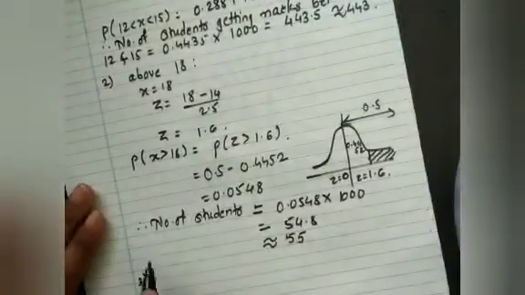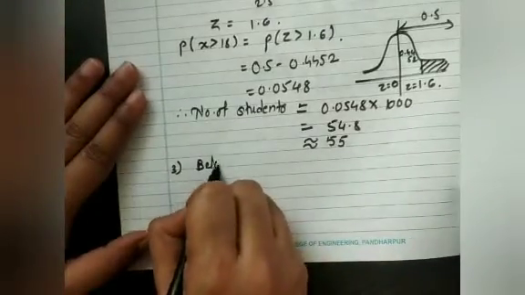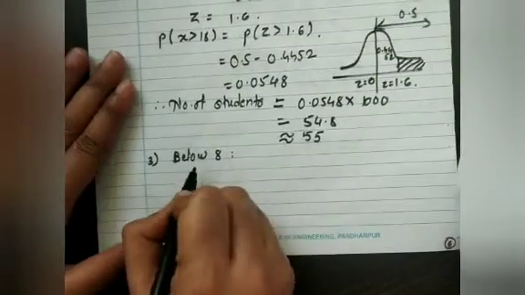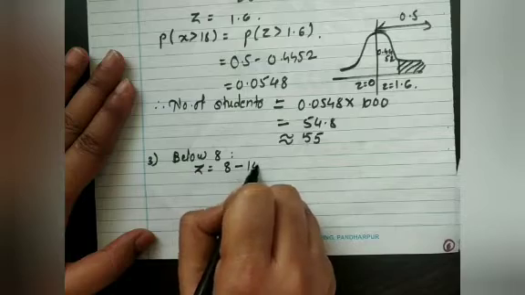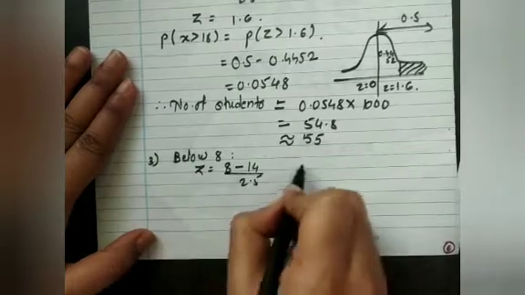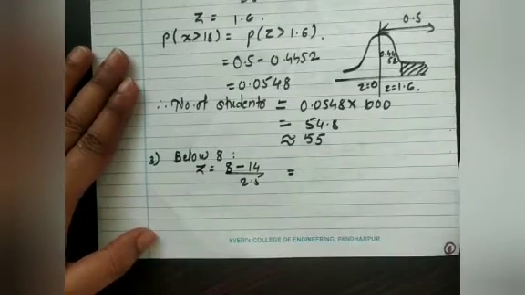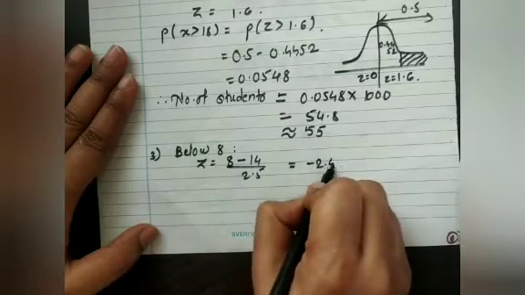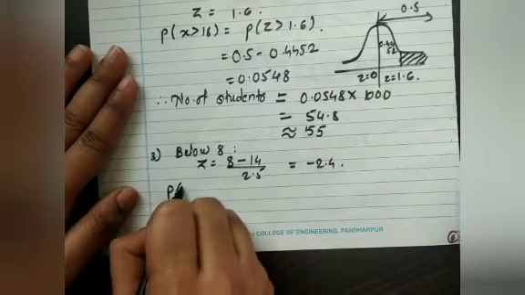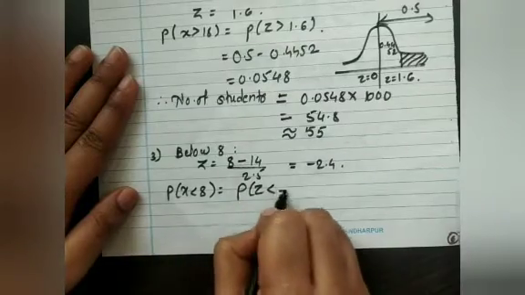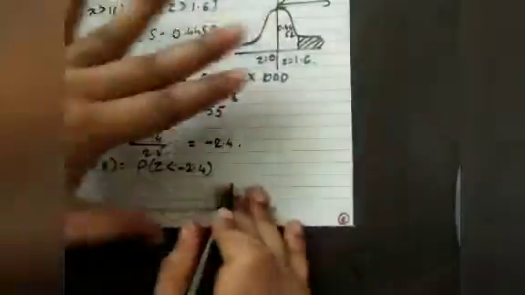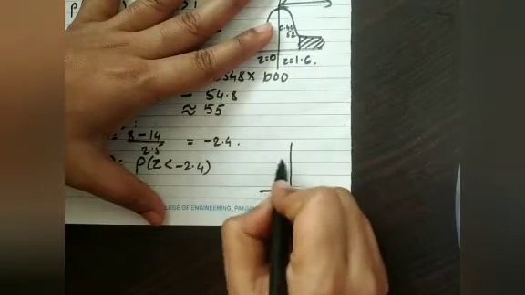And next question is below 8. So x is here 8, and therefore z is x minus mu upon sigma, and that is z is equal to minus 2.4. And as it is below, so x is less than 8, that is corresponding z is less than minus 2.4, and we'll draw it on the curve.